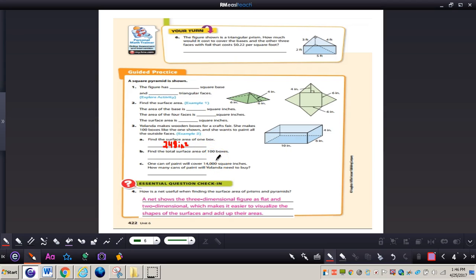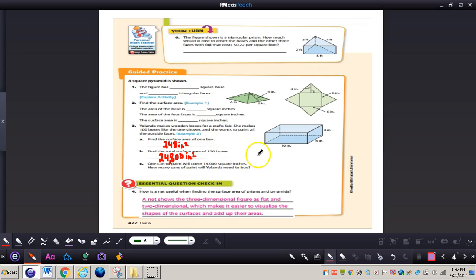Now for letter B, find the total surface area of 100 boxes. So what you do is you take 248, multiply that by 100. That's going to give us 24,800 inches squared. Now the question is, 1 can of paint will cover 14,000 square inches. How many cans of paint will Yolanda need to buy?